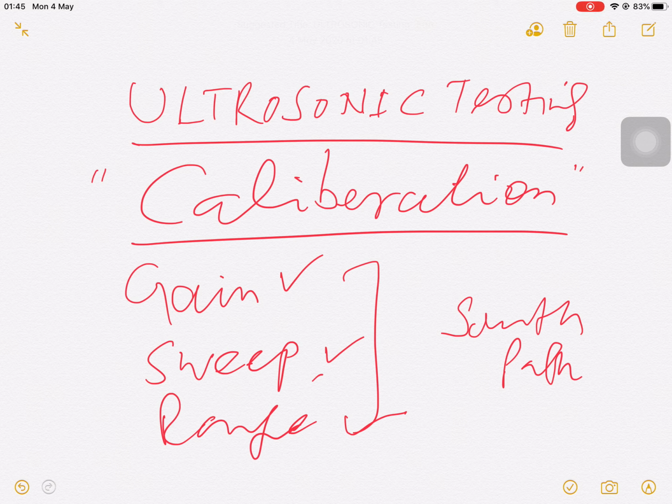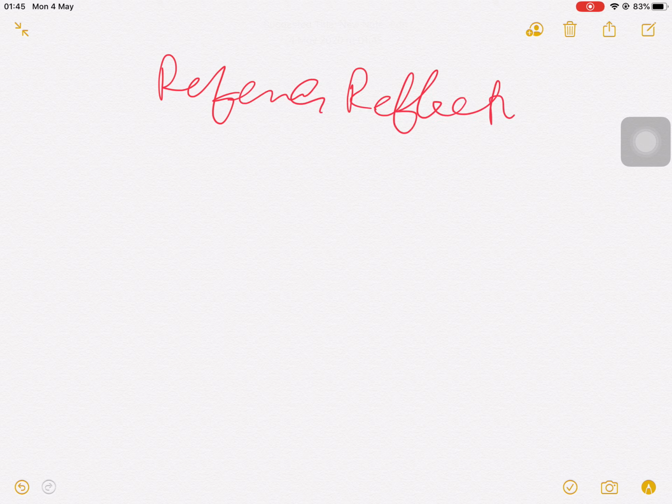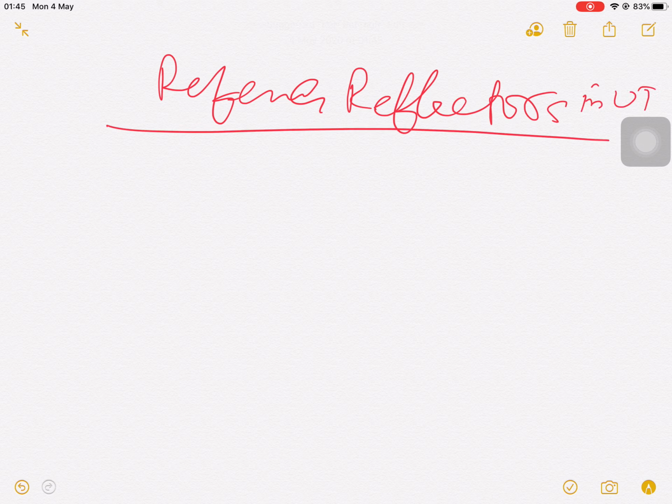Okay, so I will tell you about reference reflectors in UT.